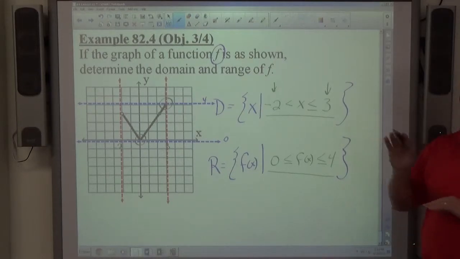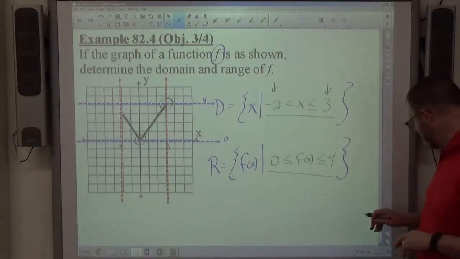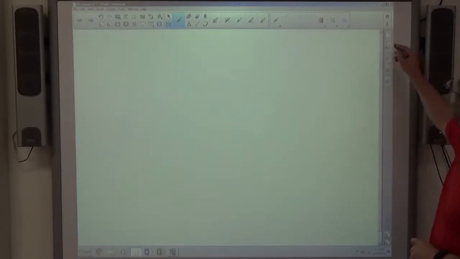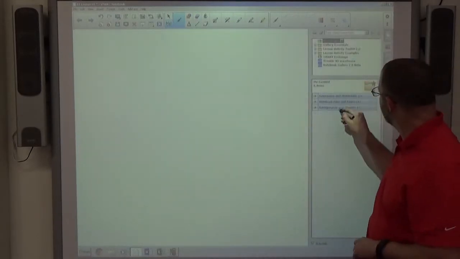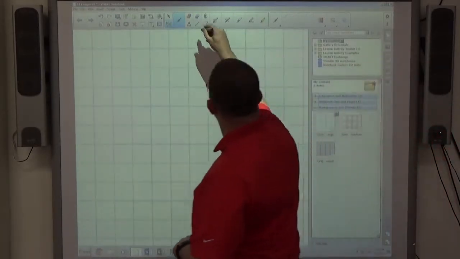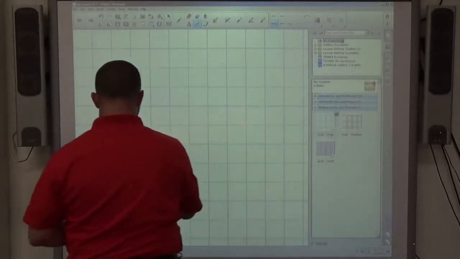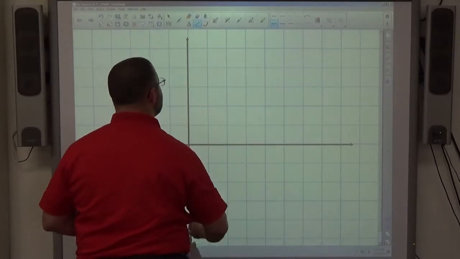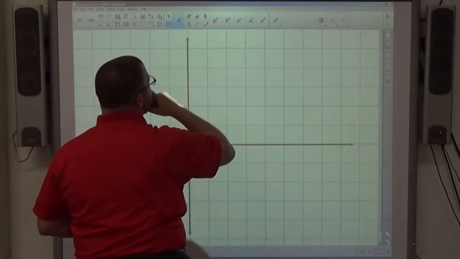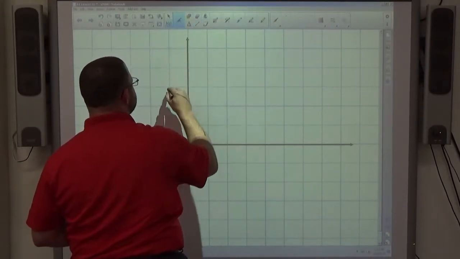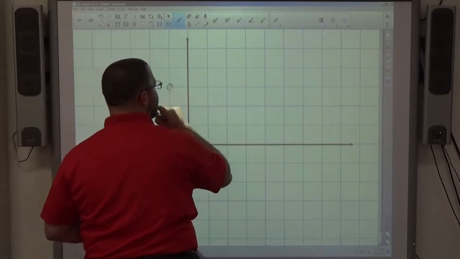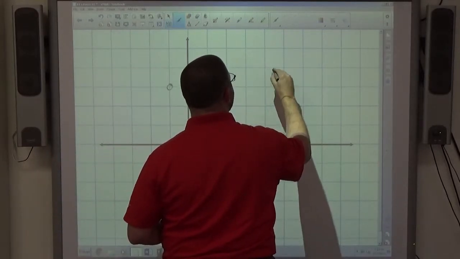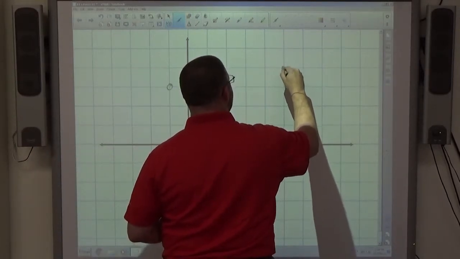Again, it does not matter what that graph looks like. Let me give you one more quick example of this same idea, and I'll make it much more challenging. Here's my x-axis, here's my y-axis, and let's just say I'm going to put an open circle right here, let's put a closed circle right about there.